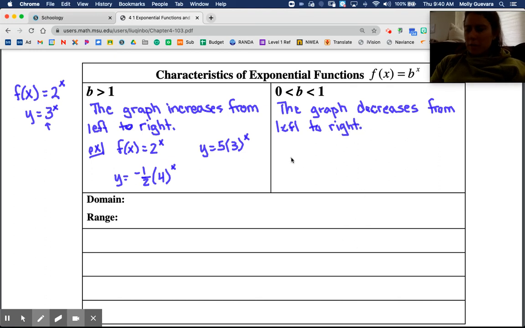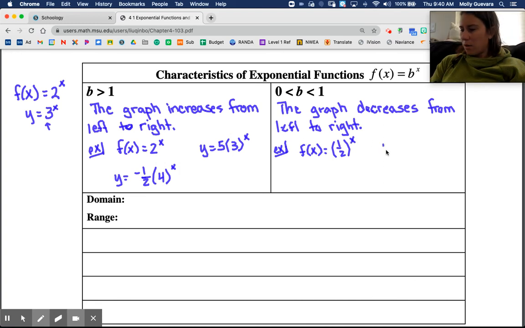Okay, so this was the 1/2 to the x that we did on the previous page, so f of x equals (1/2)^x, or 1/3 or 1/4 or whatever. You could say y is equal to 3 times (1/4)^x.